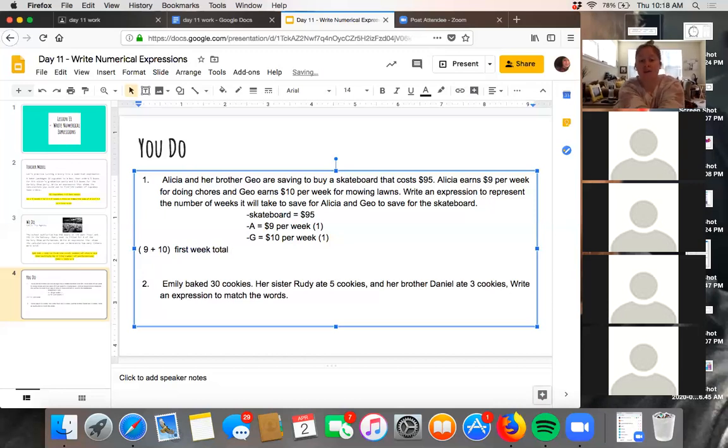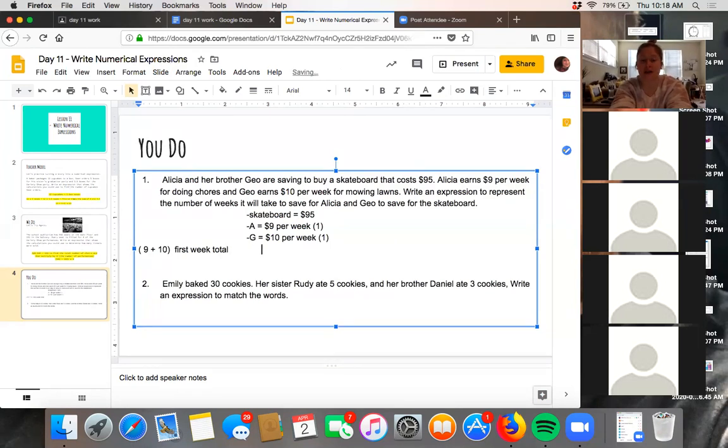I have how much they make, and I want to see how long it's going to take them. So I'm going to be making groups of 19 for each week. So 19 for week 1, 19 for week 2, 19 for week 3. If I'm making groups, is that adding, subtracting, multiplying, or dividing? Dividing. Okay, good. So now I have my 9 plus 10 is the first week's total.